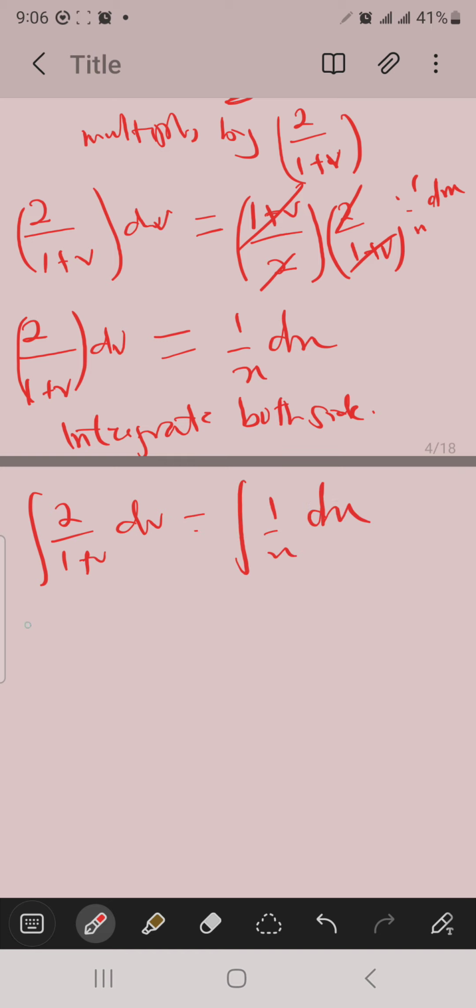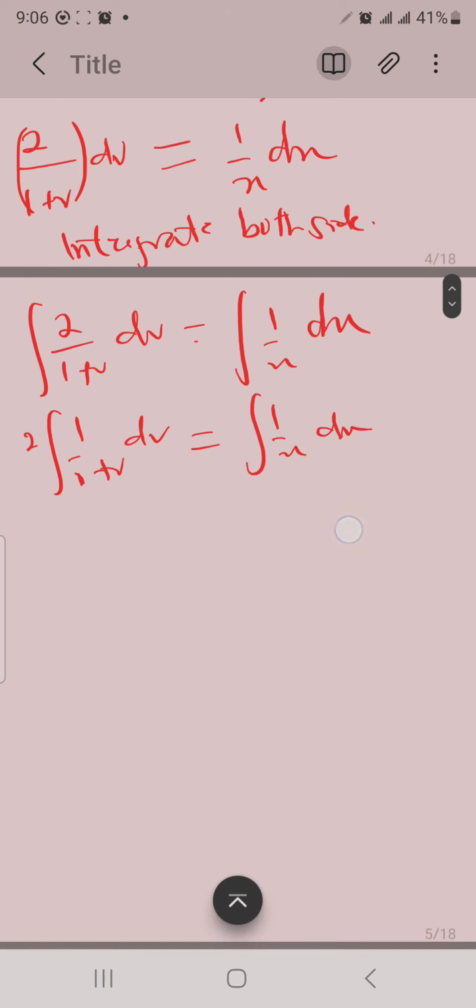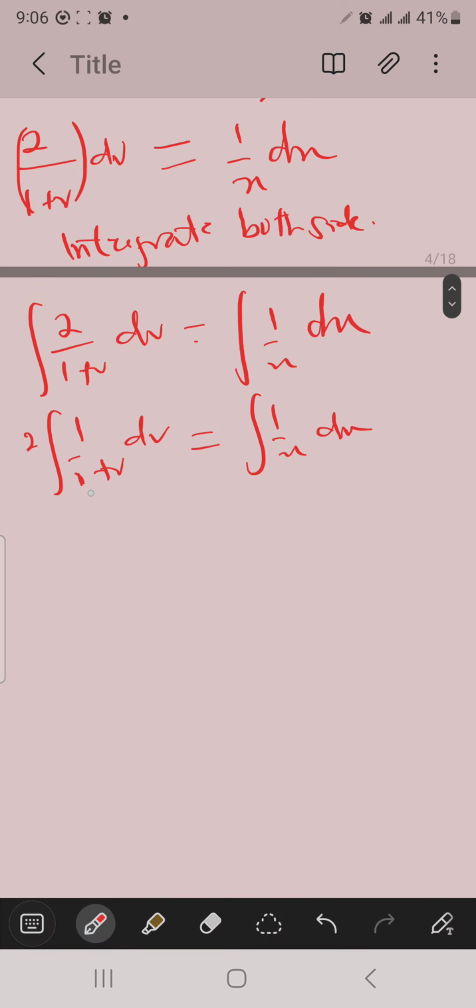This is 2 times the integral of 1 over 1 plus v dv equals the integral of 1 over x dx. I hope this makes sense. Now continue. If I integrate, this one is going to be 2 ln 1 plus v equals ln x plus c.